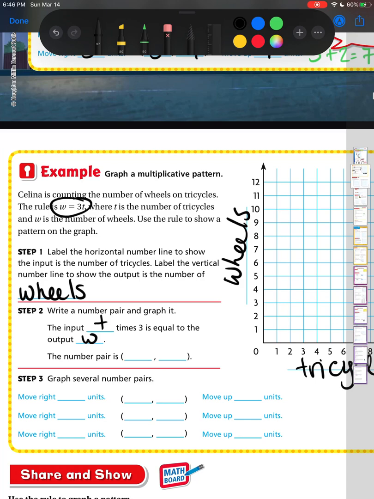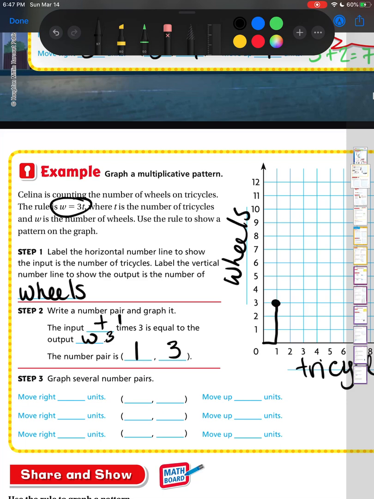So let's say our input is 1. We would do 1 and then times 3 to get our output. So 1 times 3 is 3. We'd end up with 1, 3. So we would go over 1, up 3, and land right here.